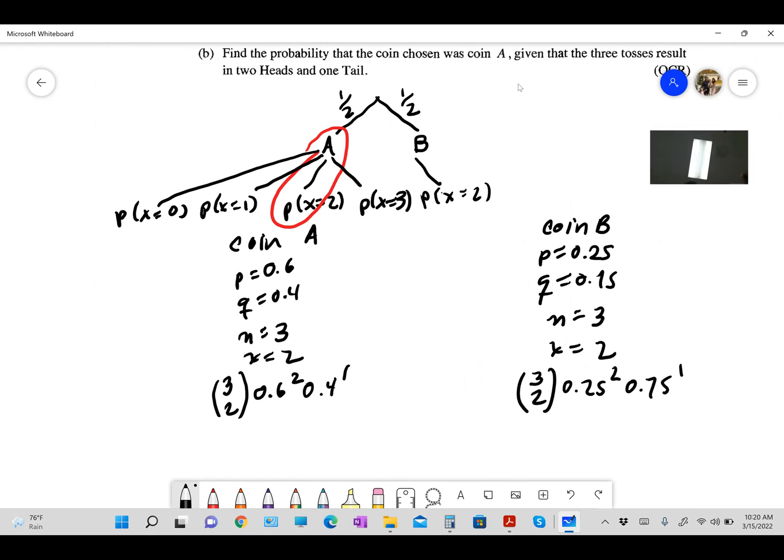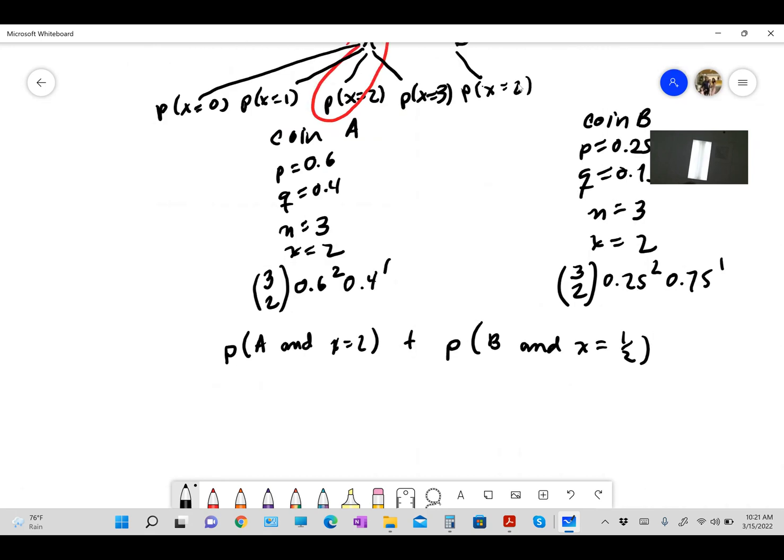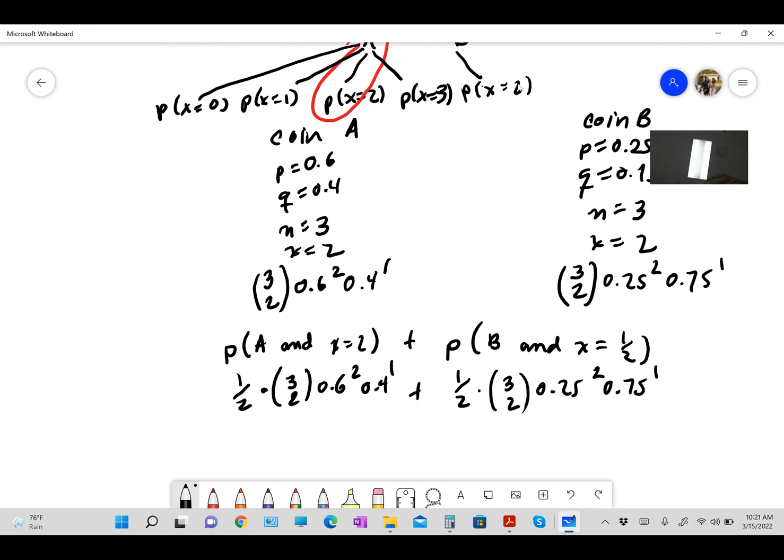The probability of A and X equals 2 plus the probability of B and X equals 2, since they're independent events, forces you to multiply: half times 3C2, 0.6 to the second, 0.4 to the first, plus half times 3C2, 0.25 to the second, 0.75 to the first. Then when you do the math, it gives you the answer.